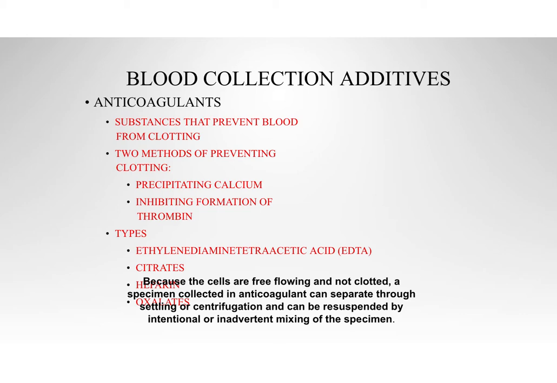It can also stop clotting by inhibiting the formation of thrombin, which is a clotting factor, okay? So if it binds up the calcium, and then stops the thrombin from even forming, then the blood in that tube will not clot, okay?